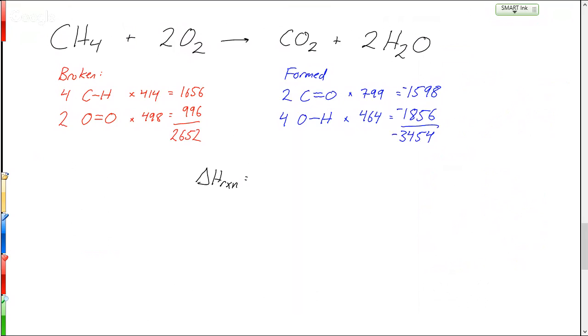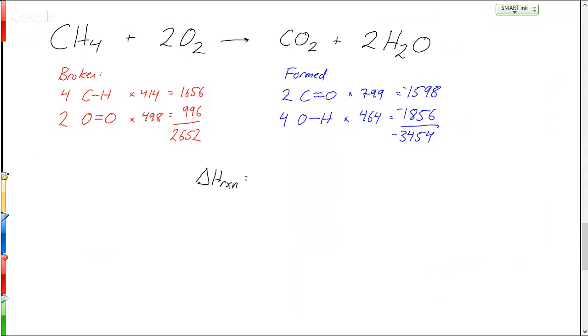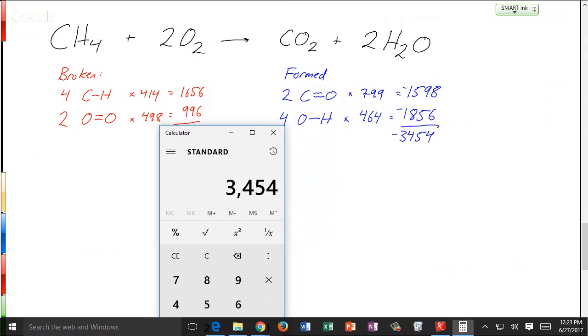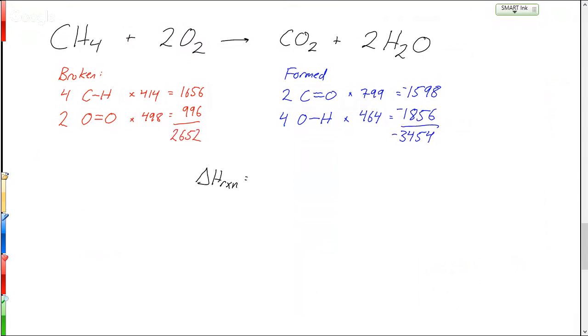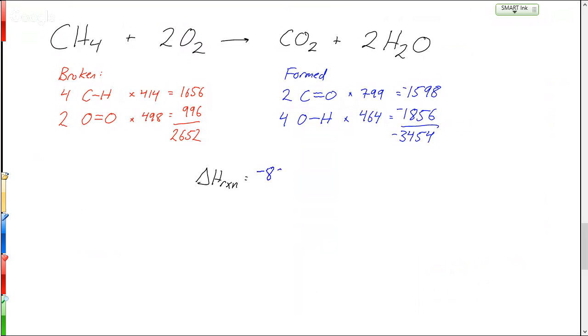Products are negative. So it's going to be 2652 minus... minus 802. Well, I guess it's not really per mole, but minus 802 kilojoules per mole of methane combusted.